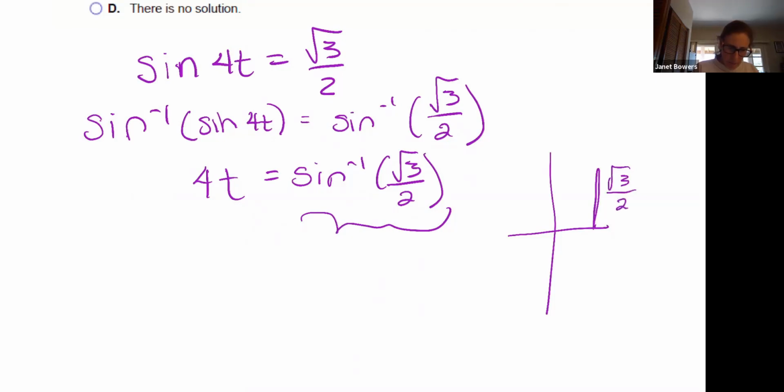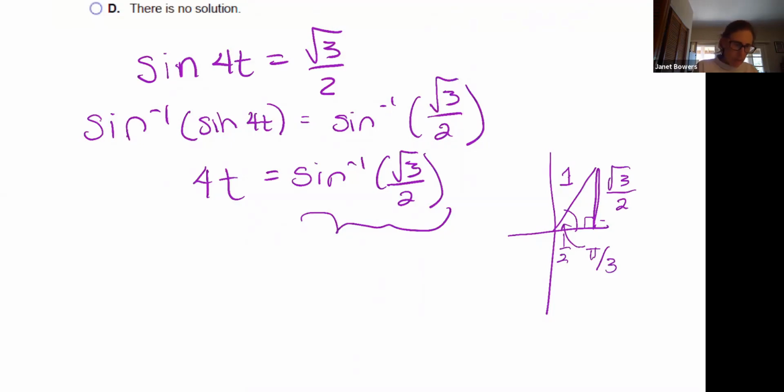And then the hypotenuse is going to be 1, because it's radical 3 over 2 over 1. Then this is going to be a right triangle, so that's going to just be pi over 3, right? That's pi over 3. And this side would be 1/2. So that's pi over 3.